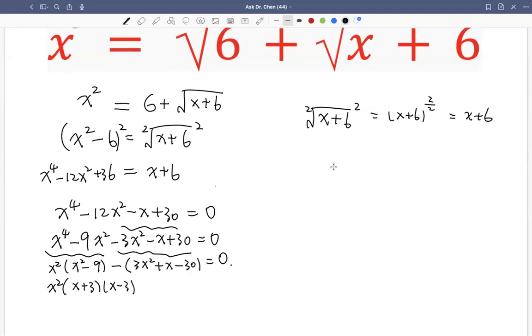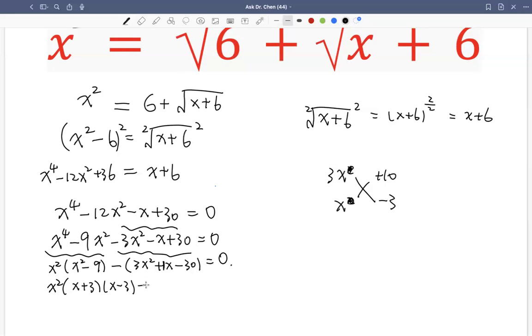And this one, 3x squared plus x minus 30, can be factored using negative 9 and positive 10. We get a negative 9x and a positive 10x that add up to positive x. I mean, not x squared, x. So the key is the middle term. How to get the middle term? 1x, so 10x minus 9x.